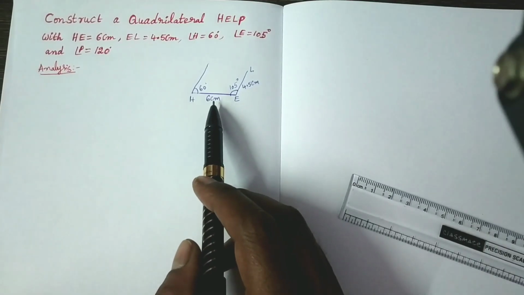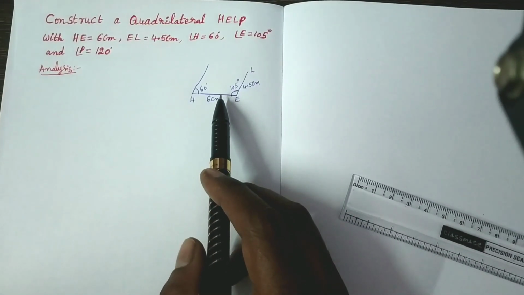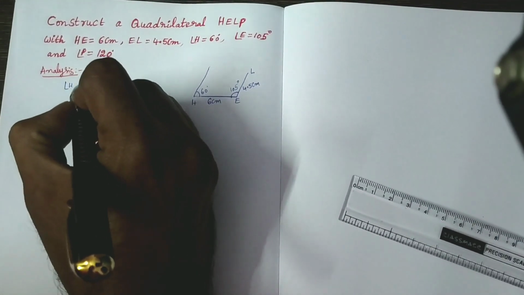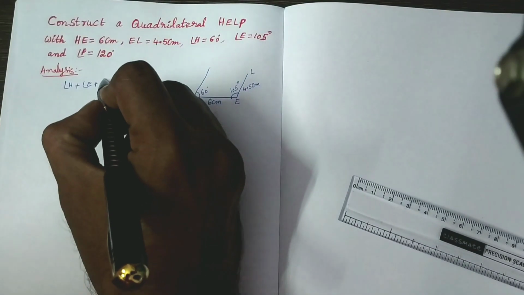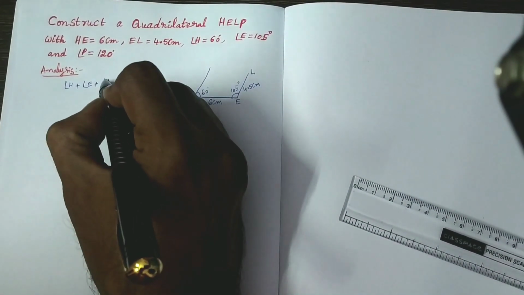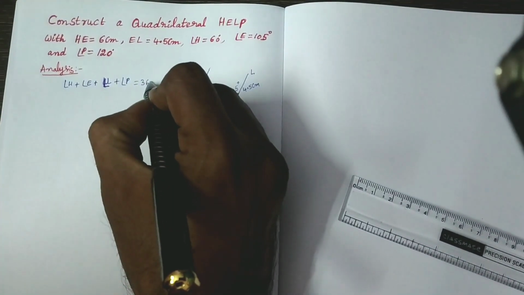Sum of the angles of a quadrilateral is 360 degrees. So angle H plus angle E plus angle L plus angle P is equals to 360 degrees.